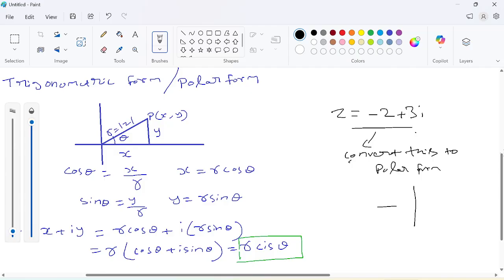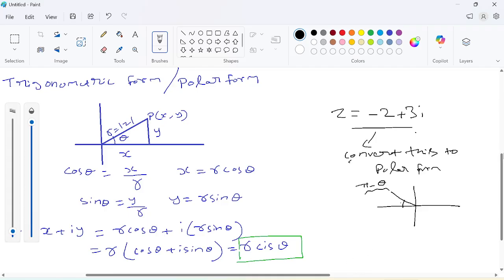Minus 2 plus 3i lies in the second quadrant. In the second quadrant, the principal argument will always be pi minus alpha, as we have seen.